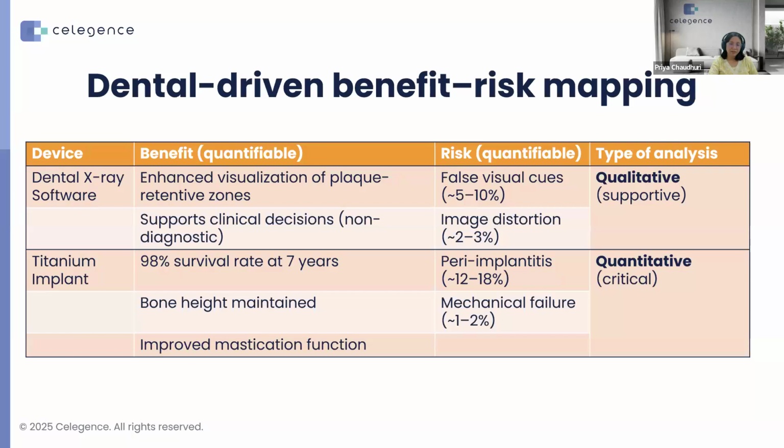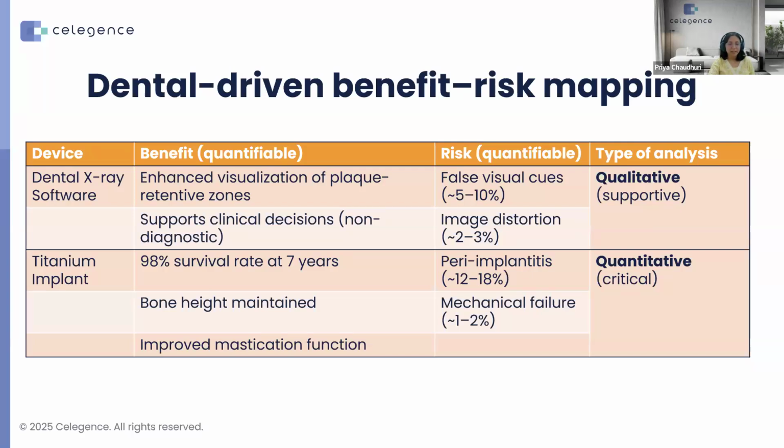And definitely this can be considered, provided these insights are captured through proper PMS and literature, and properly assessed and concluded in the literature appraisal system. If we compare that to the titanium dental implant, which is a class 2b device, the benefits are direct, measurable, and patient-impacting, as in almost all cases of low to moderate risk devices.